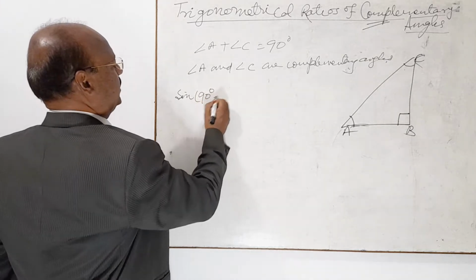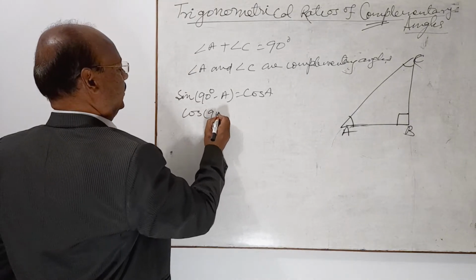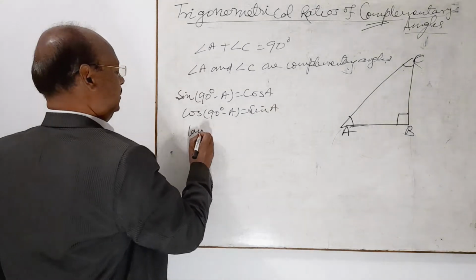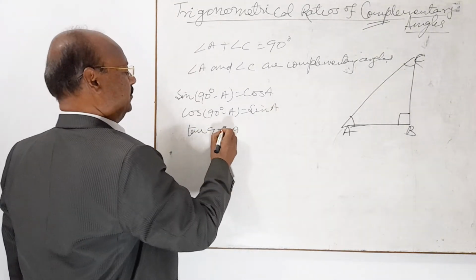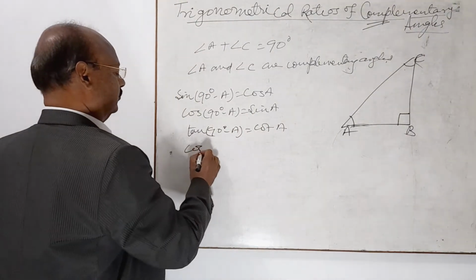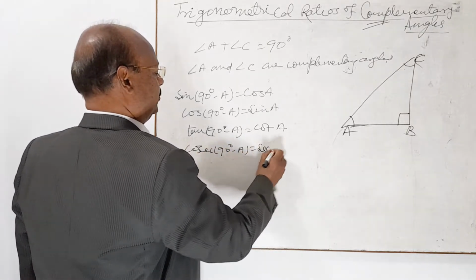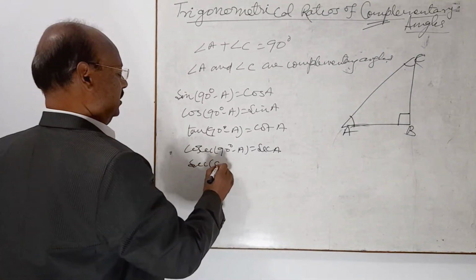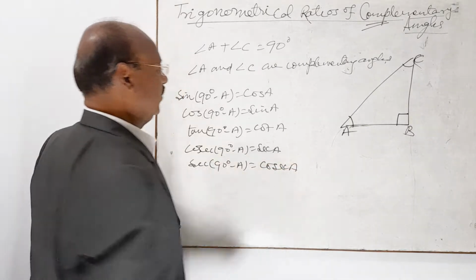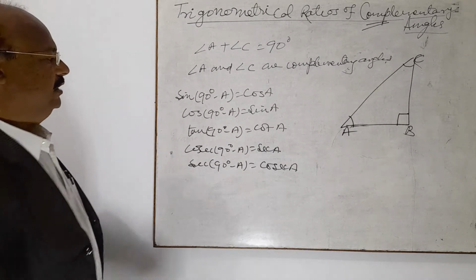Sine of 90 degrees minus A is equal to cos A. Cos of 90 degrees minus A is equal to sine A. Tan of 90 degrees minus A is equal to cot A. Cosec of 90 degrees minus A is equal to sec A, and sec of 90 degrees minus A is equal to cosec A. You have to remember these formulas.